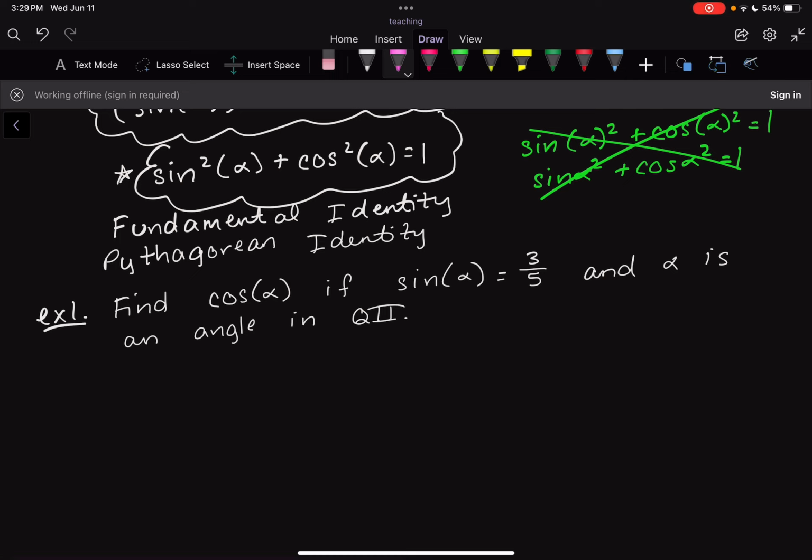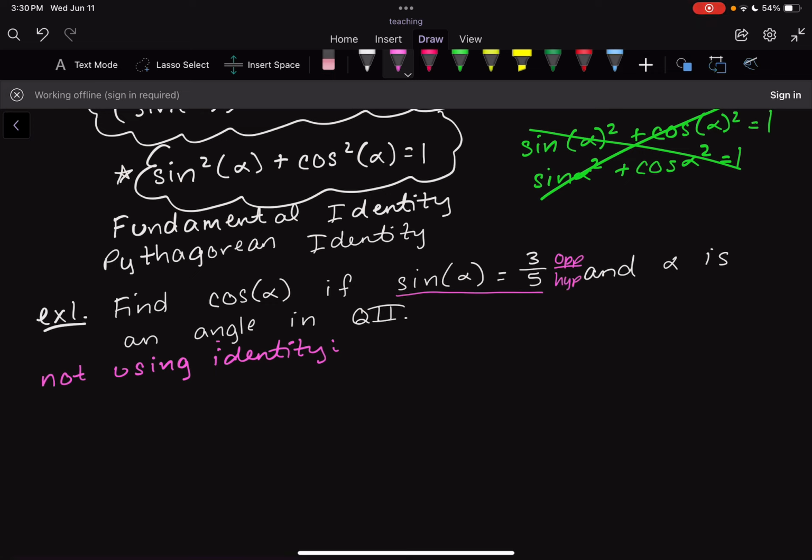So there is another way to do this one, not using the fundamental identity. What we could do is set this up as a triangle. So there's two ways. If we don't use the identity, I can use the fact that sine alpha is equal to opposite over hypotenuse.